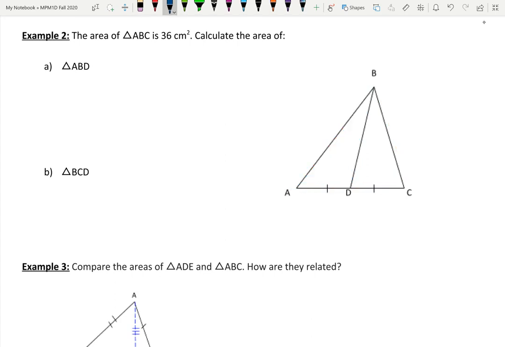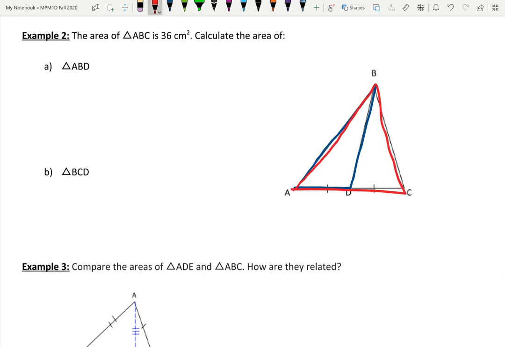D bisects line segment AC into two, and it's indicated by these two ticks, telling me that AD and DC are the same length, which means that the area of ABD is half the area of the total triangle.